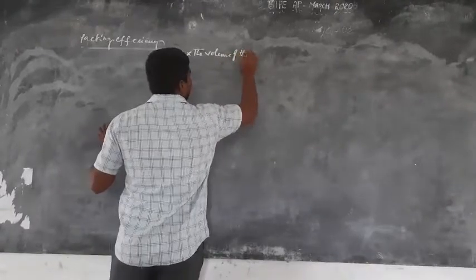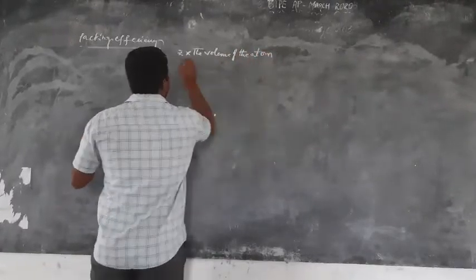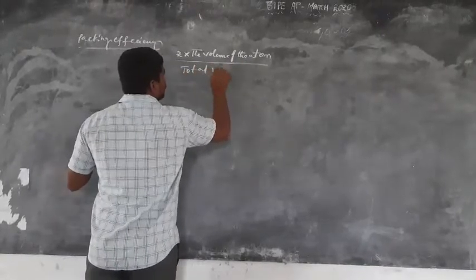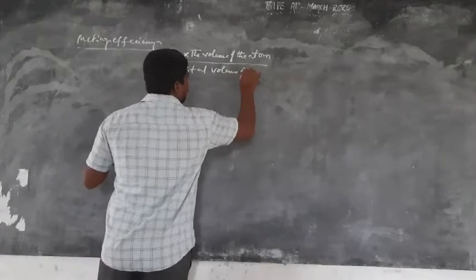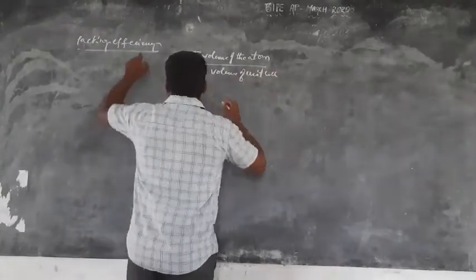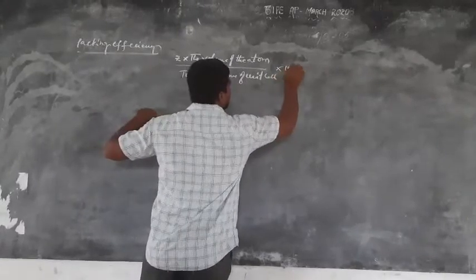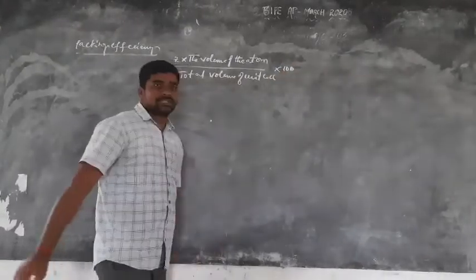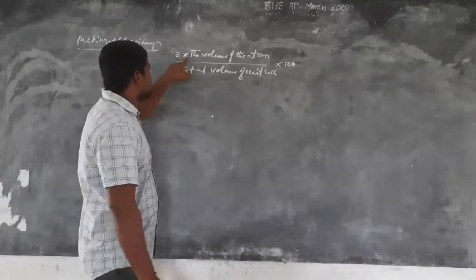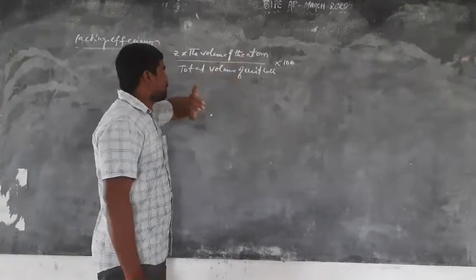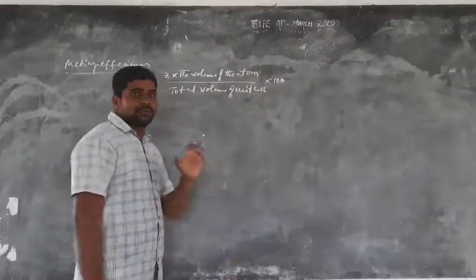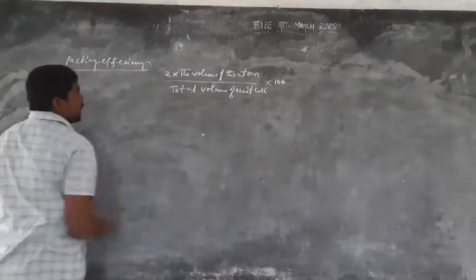Okay students, because it is a percentage, we multiply by 100. So this is the formula of packing efficiency: Z into the volume of the atom by the total volume of the unit cell, into 100.